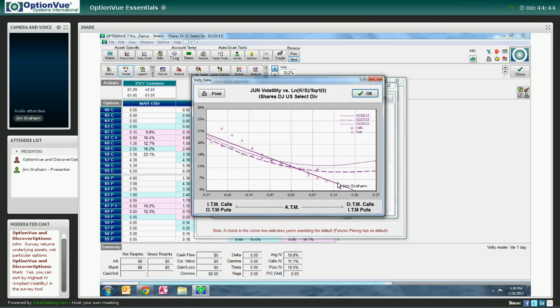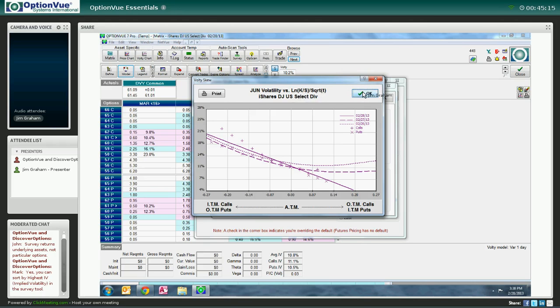This one is today, the solid line. This dashed line was yesterday. This is the day before. This is what the measured volatility skew is, and it's showing where the individual calls are falling. And you'll notice it's the June volatility, so it's volatility on this axis, versus this in-the-money factor that I showed you before.